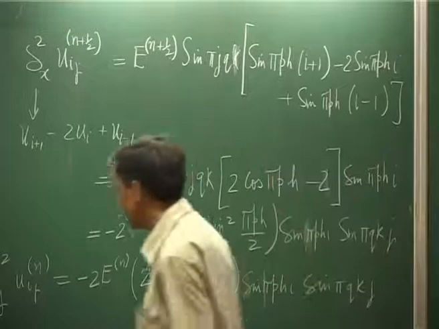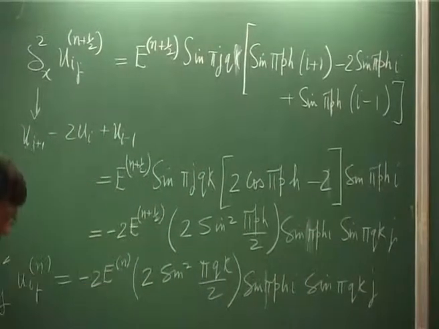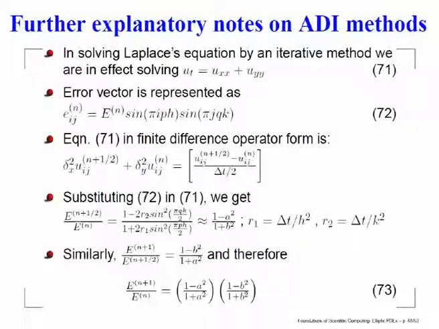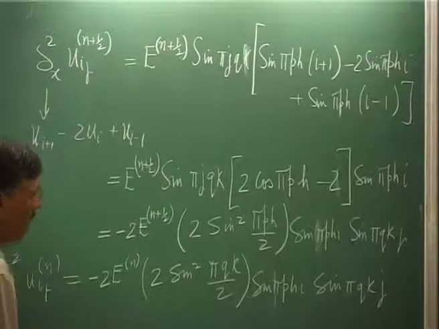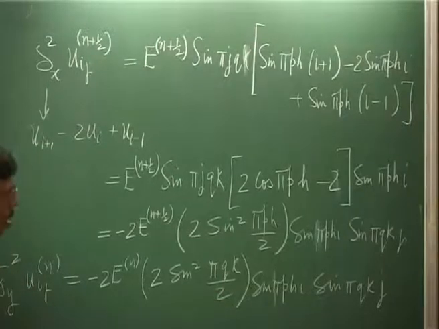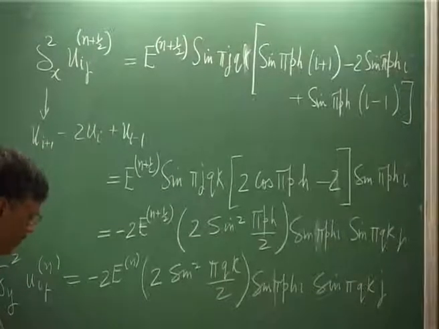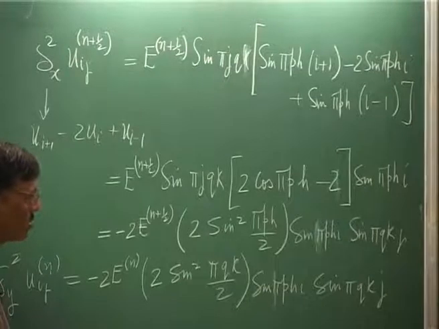Okay, and the right hand side is easy for us to find out. That will be simply En plus half minus En by this, and you can open it up and simplify it. This is what you are going to get.